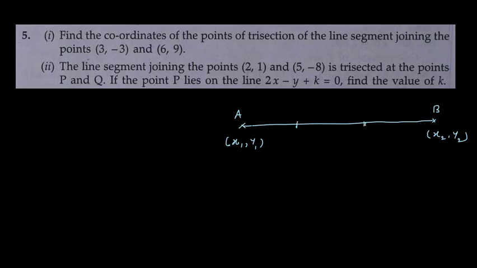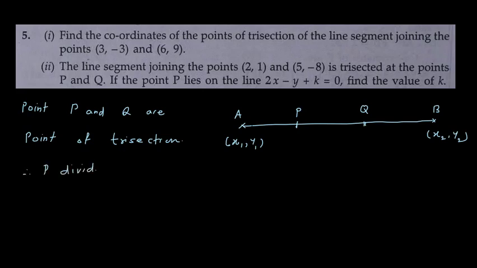So I will say that points P and Q are the points of trisection. Therefore P divides AB in the ratio 1:2.